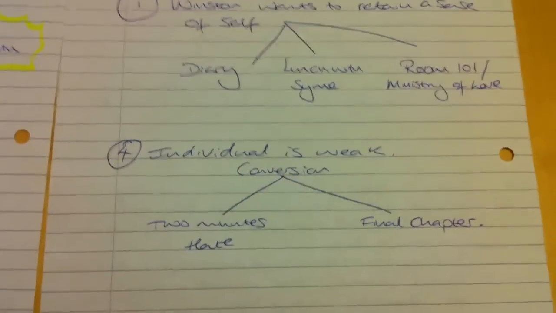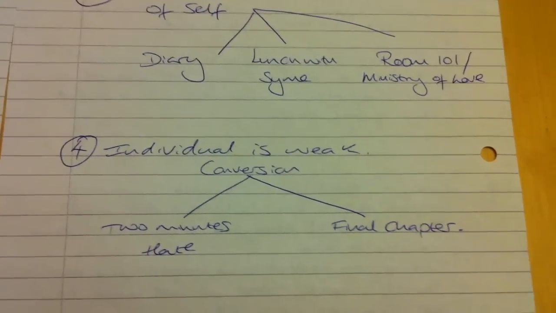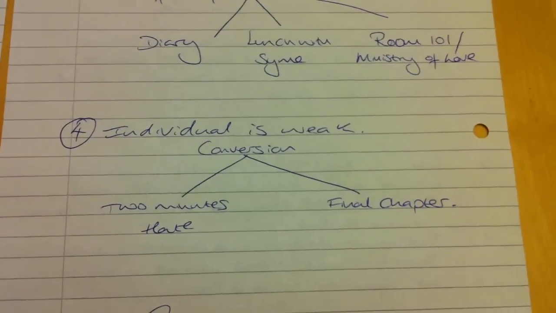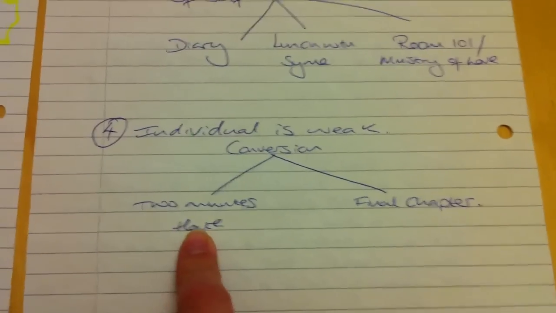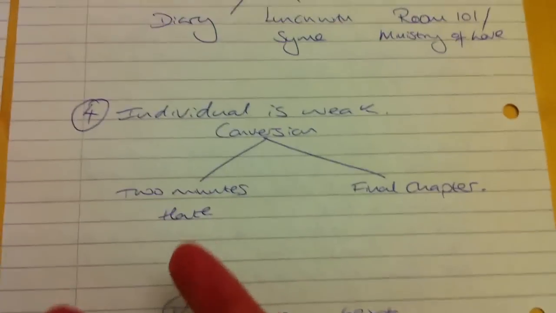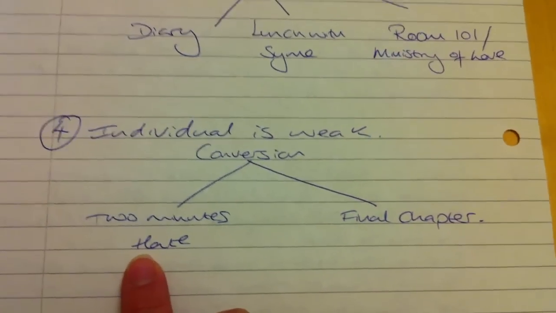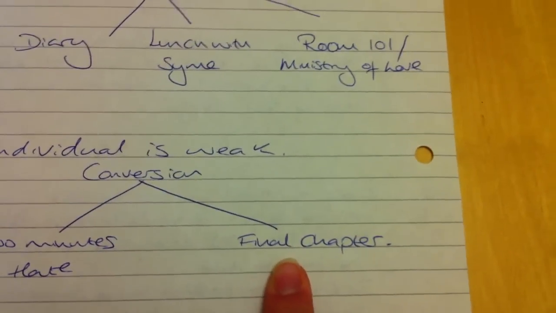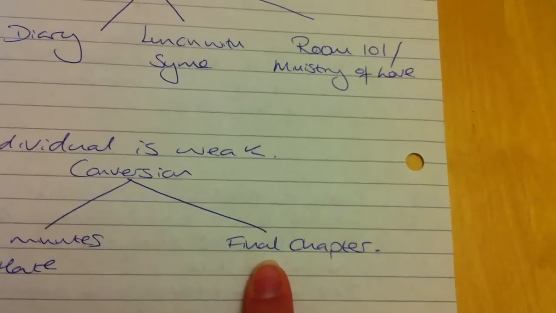Equally, if we go towards my final paragraph that I wanted to mention, the idea that the individual is weak, well, for that you could talk about two extremes of the novel. You could talk about the 2 minutes hate and the fact that Winston has gone from being someone who has a bit of control, at least, even though admittedly not a lot, but he has an ability to fight against the party and control his own mind, to, in the final chapter, really seeing that he is just one of them and that he has no control over his thoughts anymore.